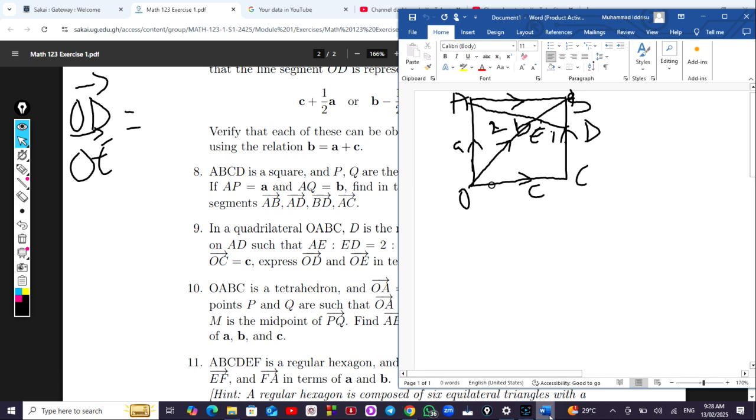So we have our triangle here. So we are looking for O to D and then O to E. So from this triangle we can find OD using the triangular law of vectors.